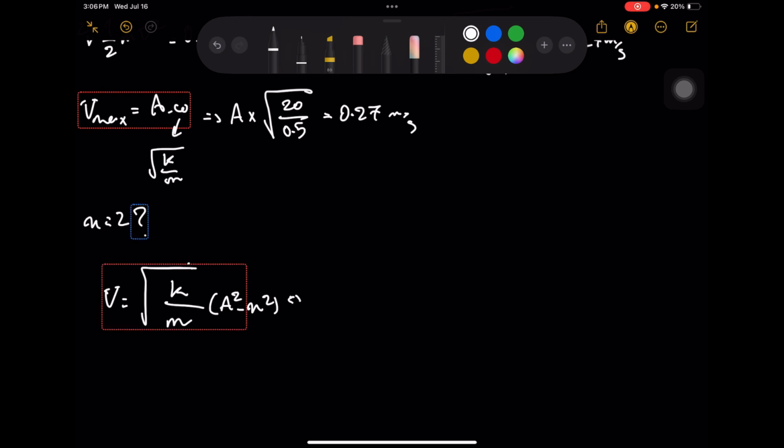If we put the values in, we get 0.18, but notice that there is a positive and negative here, so plus or minus 0.18 meters per second.